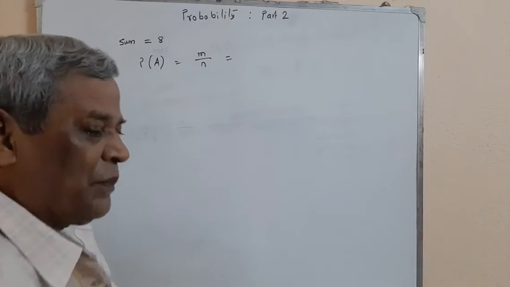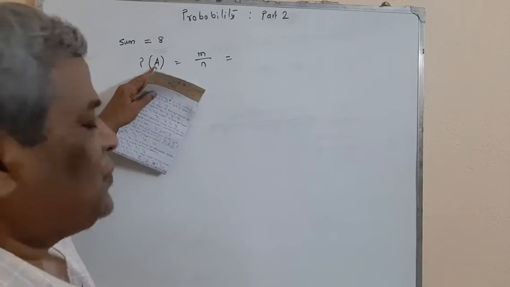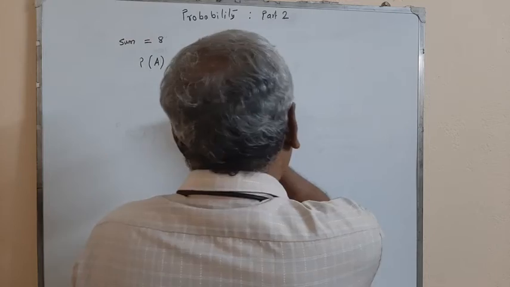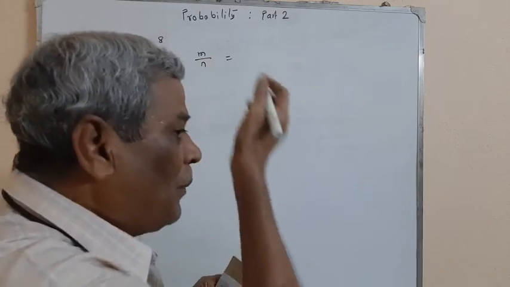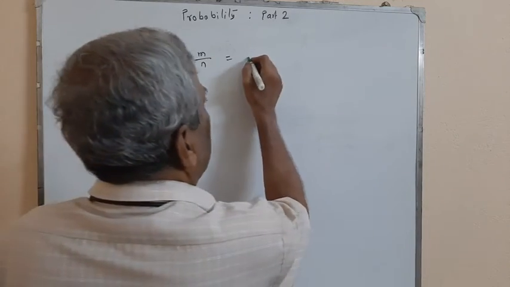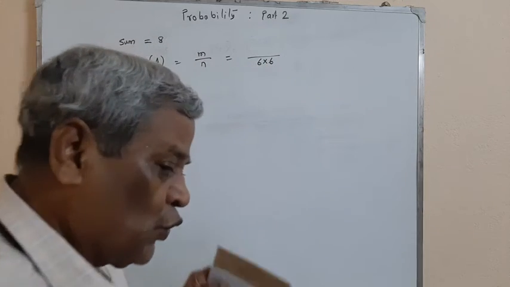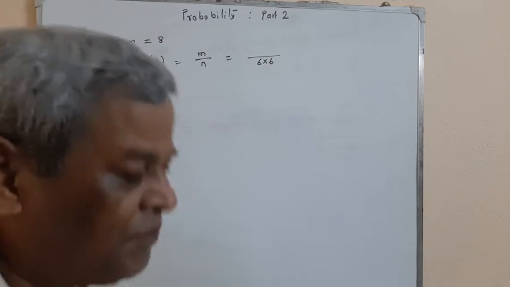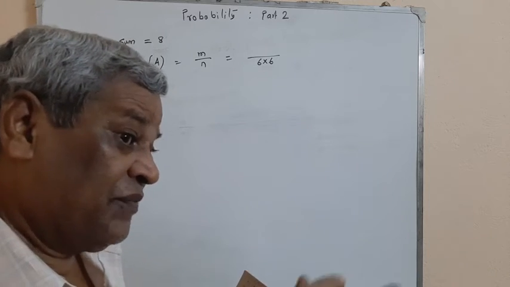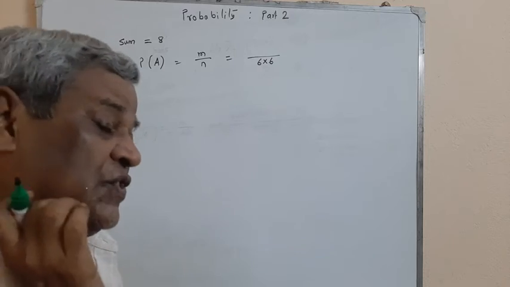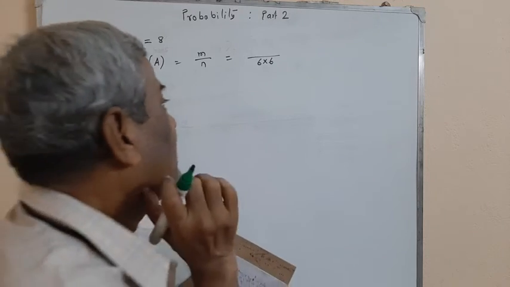M is number of cases which favors this event, and n is all possible events. It is, just now I discussed, 6 into 6. Two dice are thrown together, so it is 6 into 6. If 3 dice are thrown together, then it is 6 cubed, and so on.